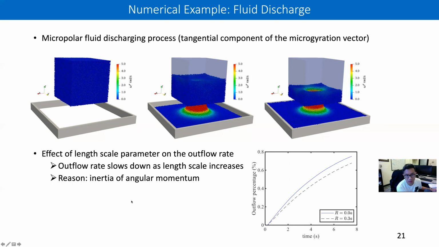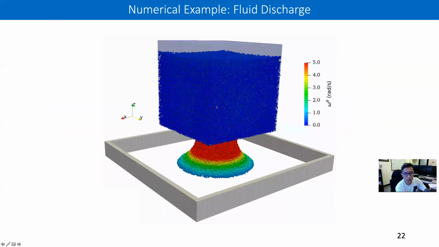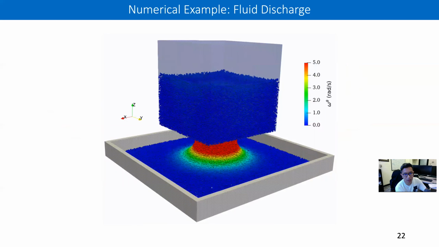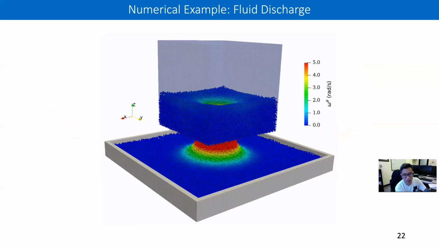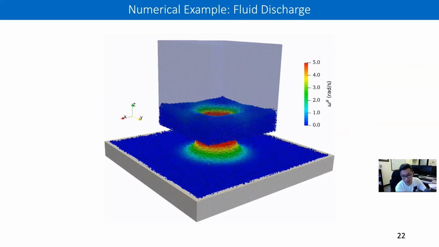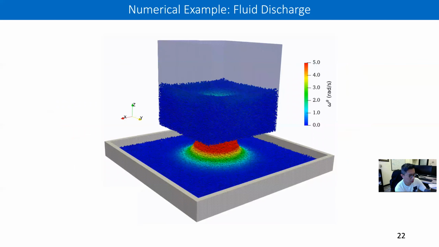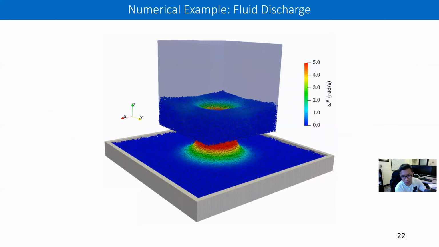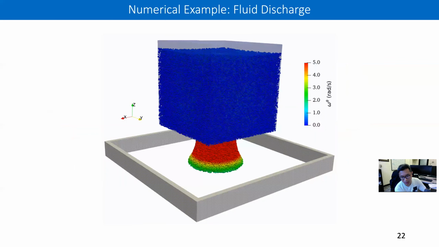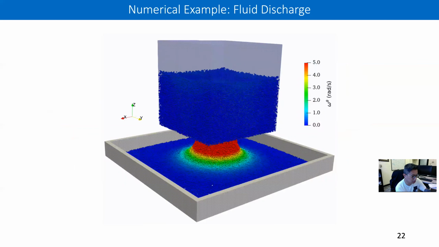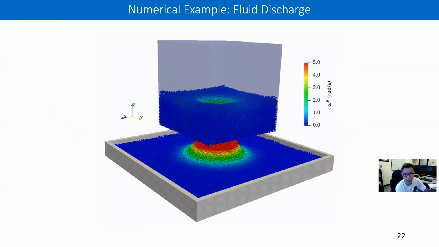The reason is that the inertia or the angular momentum changes with the size in this particular case. So this is a simulation. We can see that the particles are getting discharged. It has really large deformations and changes of topology, which indicates that it's really difficult to simulate such a thing in conventional finite element.